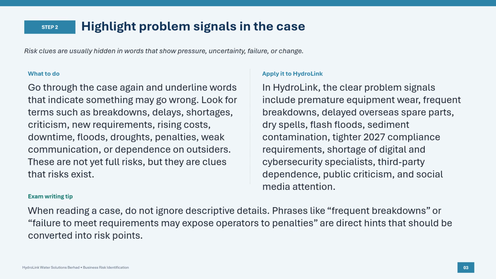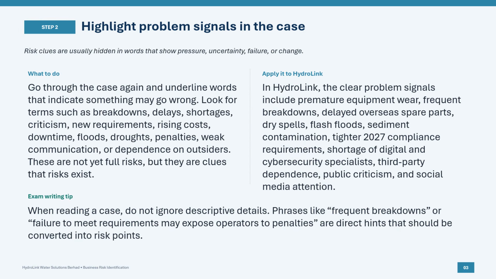Again, frequent breakdown already hints to you that the equipment already has problems. Always need maintenance. Okay, another signal may be high maintenance. If you keep needing to maintain, then that indicates the risk is there, lah.